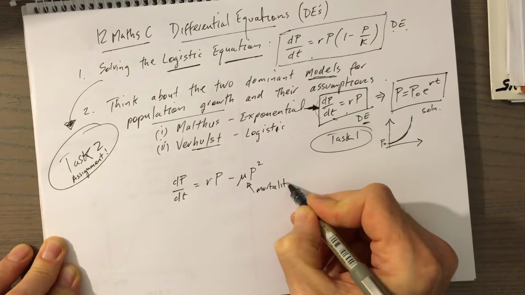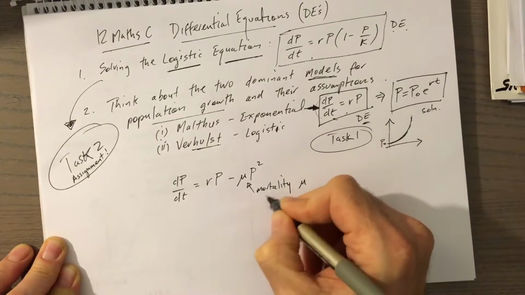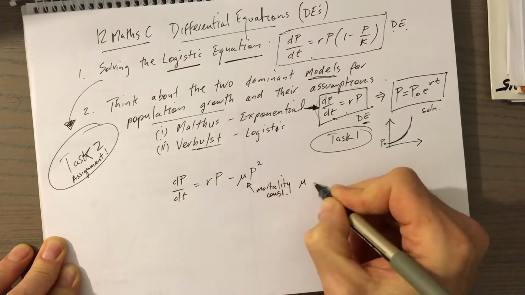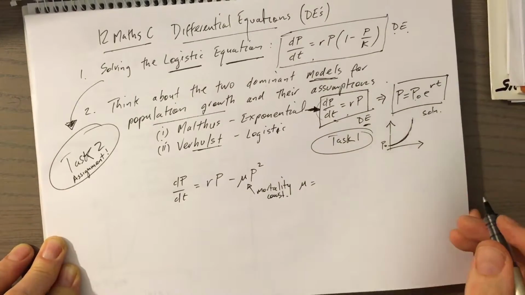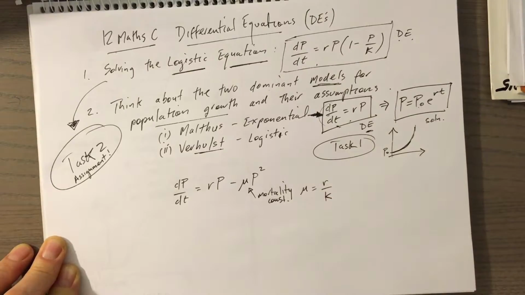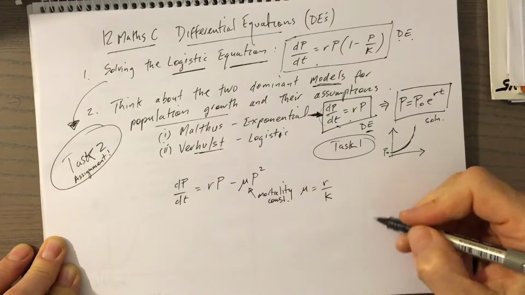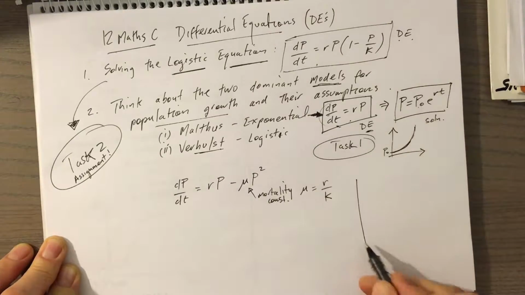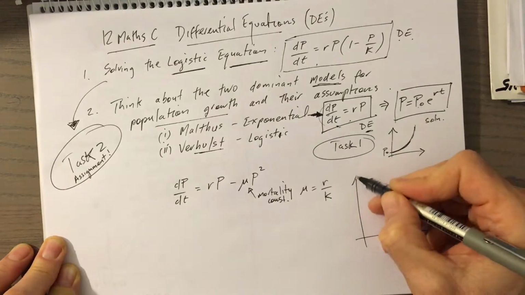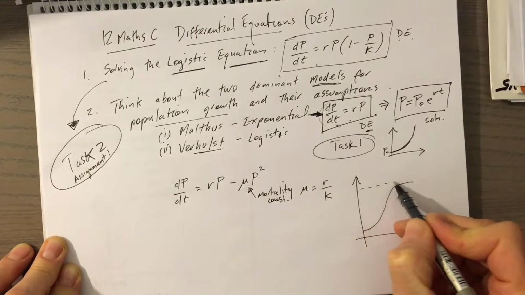And we can think of the mortality constant as being a ratio of the rate of growth over k, which is the carrying capacity. Okay, so just a quick look at the logistic function. If we solve it, it looks something like that, an S-curve.